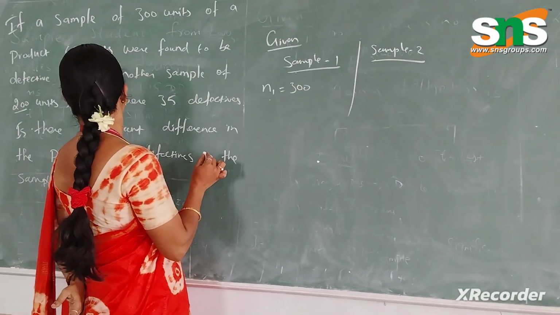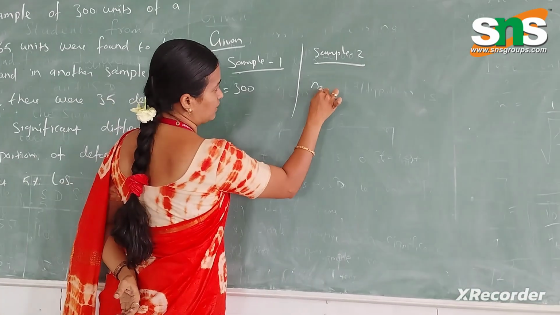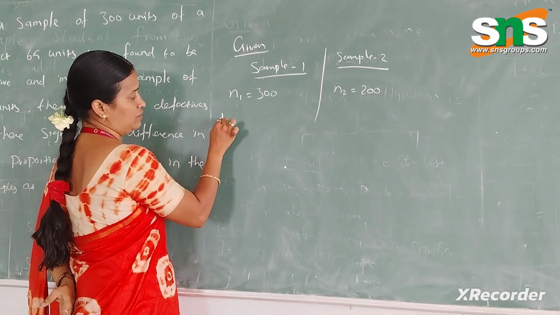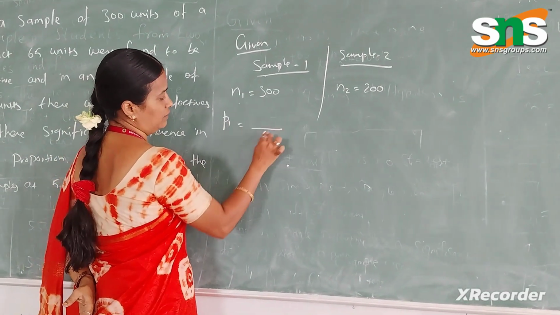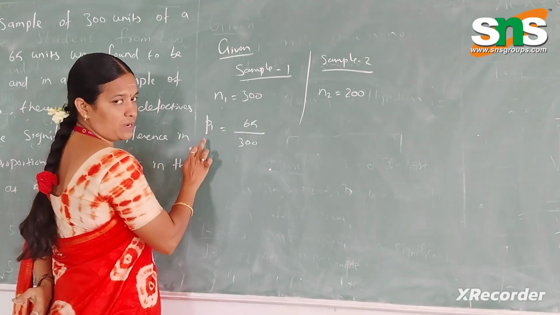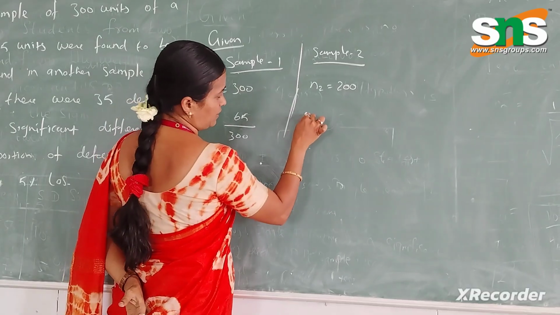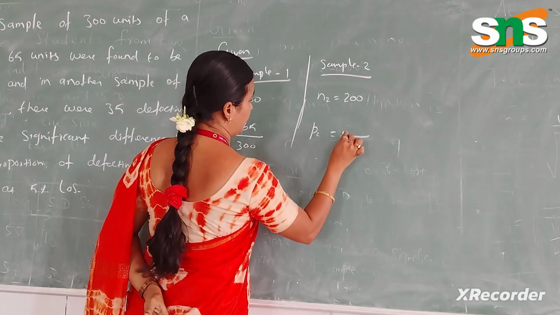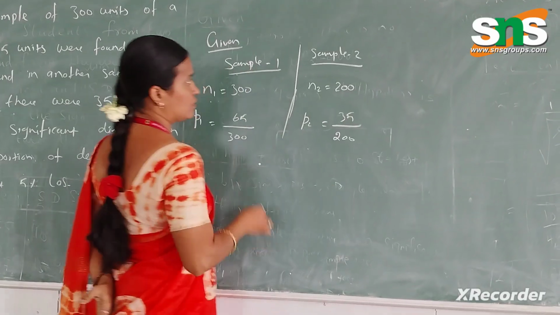In the second sample, n2 value is 200. Next, the proportion p1: out of 300, 65 items are defective. The second sample p2: out of 200, 35 items are defective. These are all the details given.